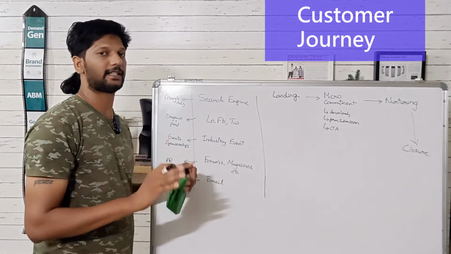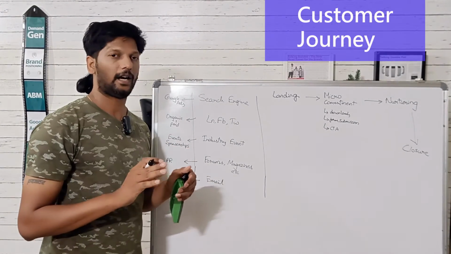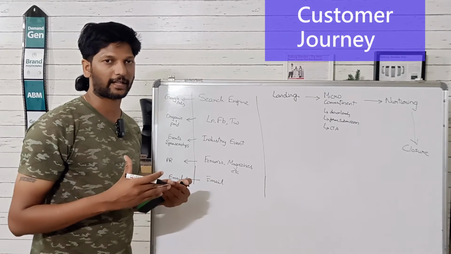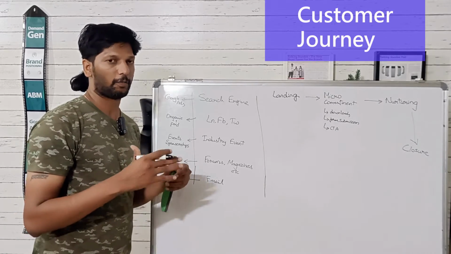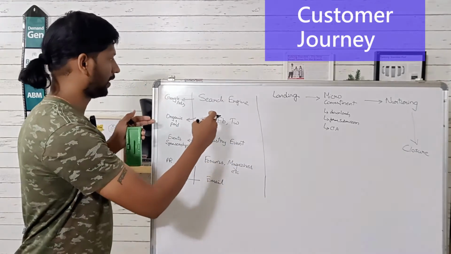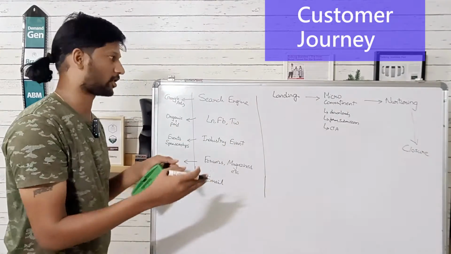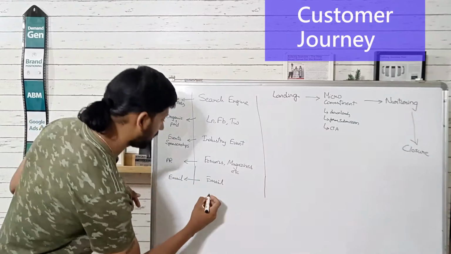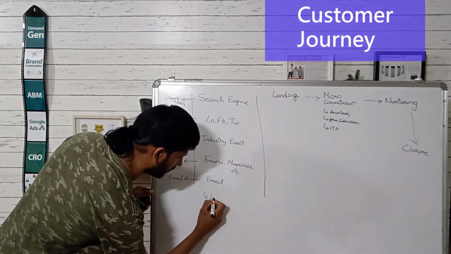Let's say that this is a journey, but usually, for SaaS products, the customer journey could be way more complicated than this, with all of this involved at different stages. Word of mouth is another thing.